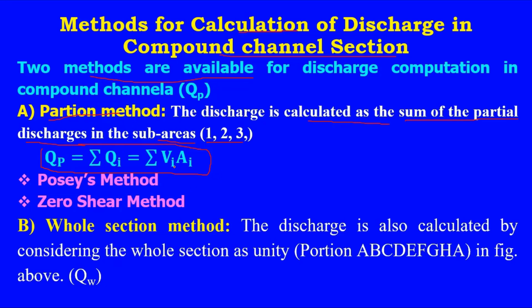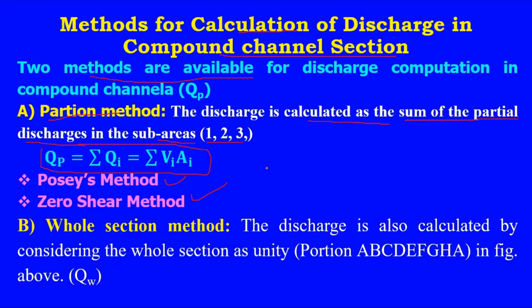Under this partition method, we have two methods, the Posi method and the zero shear method. In the Posi method, the imaginary boundary inside the water is included as a rough surface for the main channel. We will consider such areas, then we will include it. But in the zero shear method, the imaginary boundary will not be included as a rough surface for any subsection.